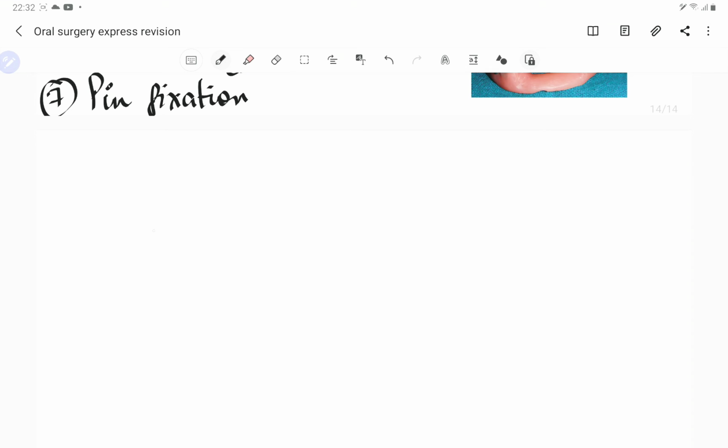Say suppose if a person after trauma is having an undisplaced fracture, say suppose this is the mandible, and if a person is having a fracture line like this and there is no displacement of the fracture segments, that means the mandible remains in the same position.